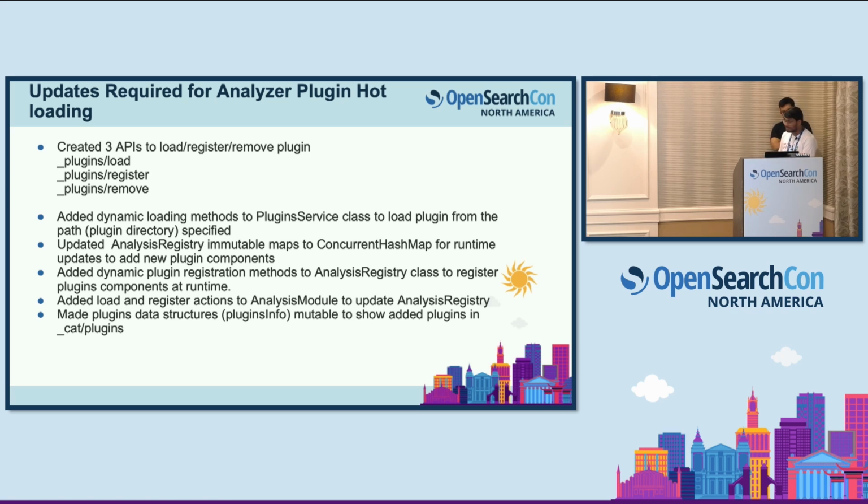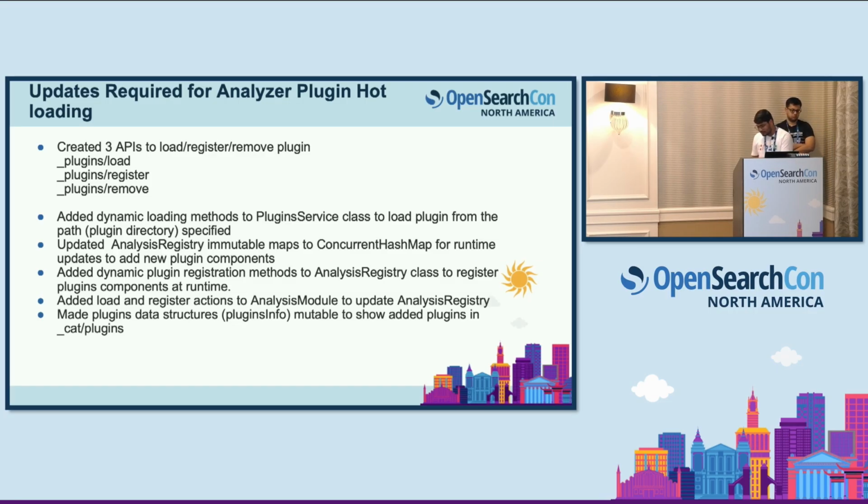And then we had to update the analysis registry immutable maps to concurrent hash maps, so that we would be able to add those components at runtime once a plugin is loaded, right? And then further, we had to update the corresponding classes for the analysis module and analysis registry to support this dynamic loading of the plugin at runtime.